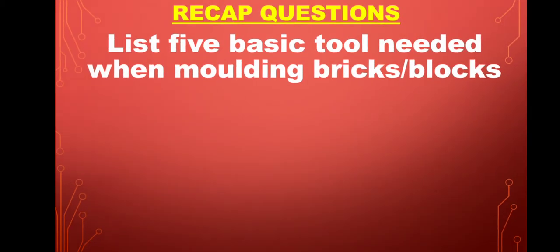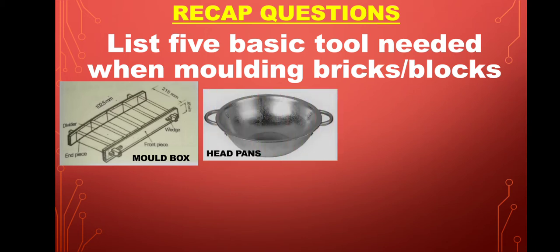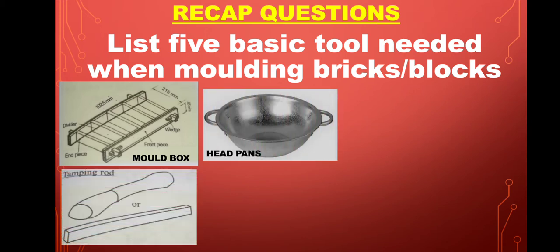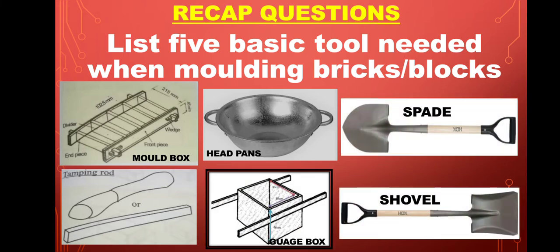A quick recap of what we learned last week. Last week, we learned about tools needed when it comes to molding of bricks and blocks. So some of the basic tools needed when molding bricks and blocks include mold box, head pans, tamping rod, gauge box, spade or shovel.